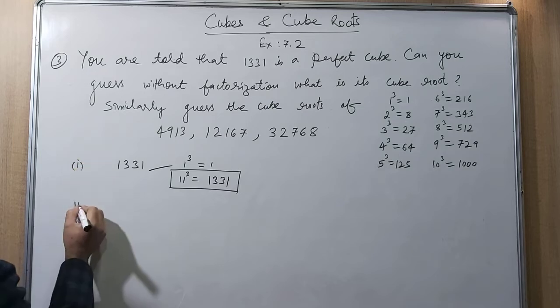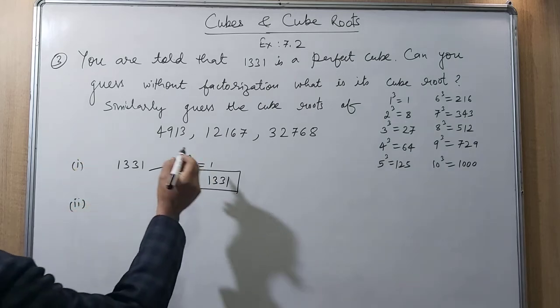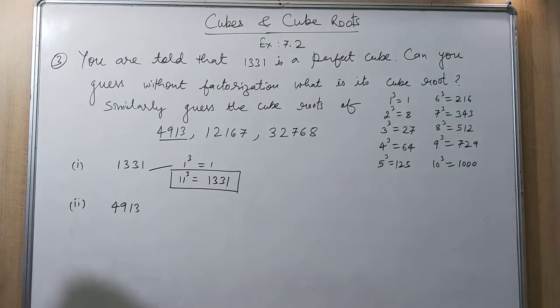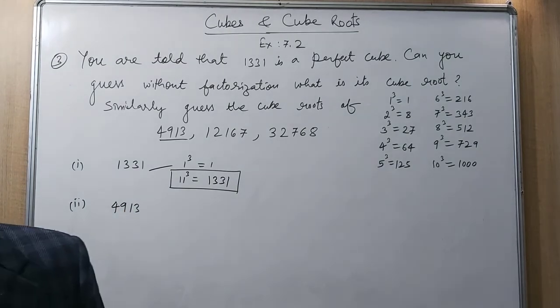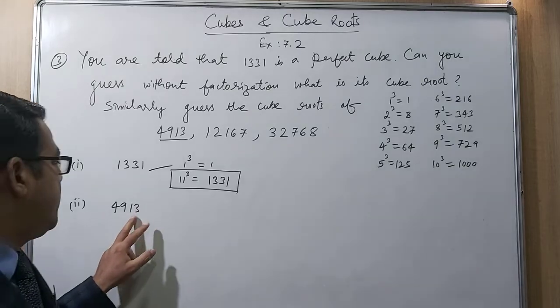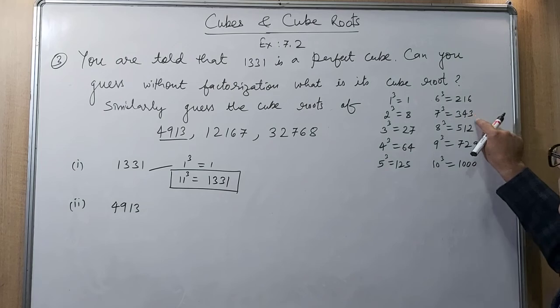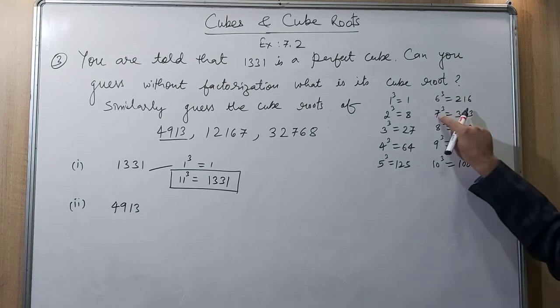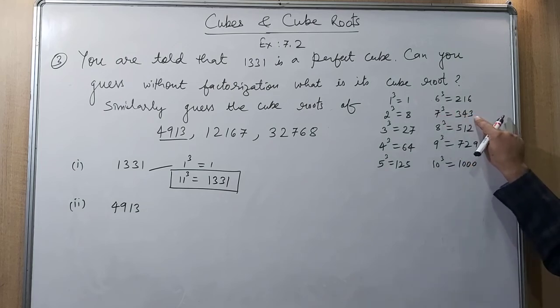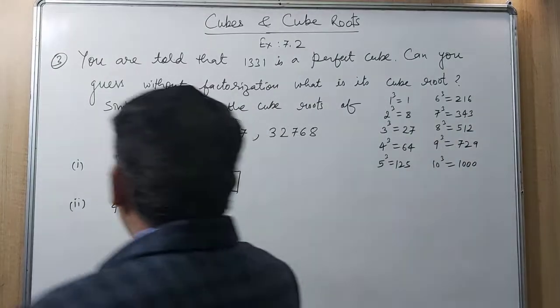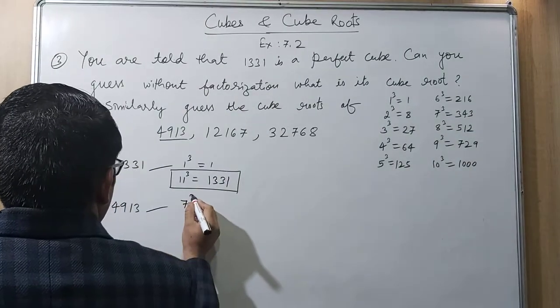Now the second part. The second part is this number, 4913. Now you can see 4913. What is the unit digit there? 3. And whose cube ends in 3, you can see 7. So the cube of 7 ends with unit digit 3. This is very simple. So it may be the cube of 7.